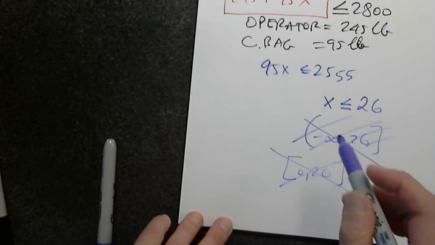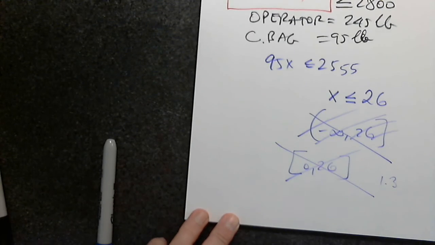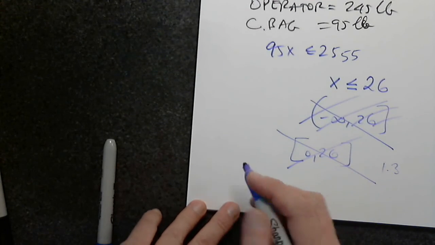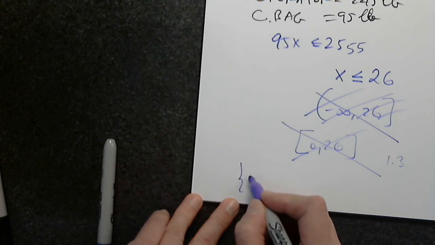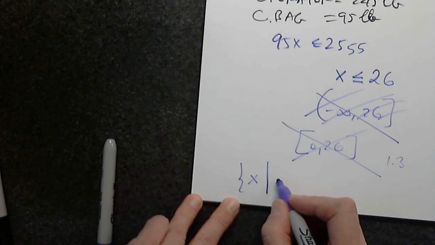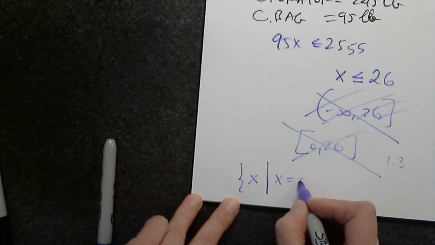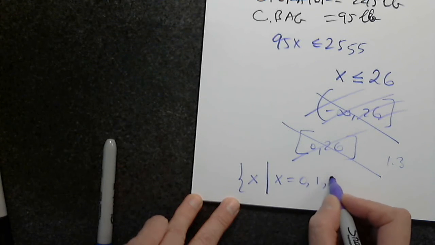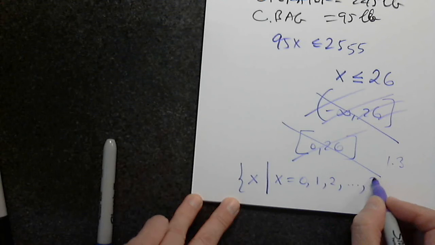Here's the notation that I would use, which you will probably see in my lab math. So x having the property that x is 0, 1, 2, up to 26.